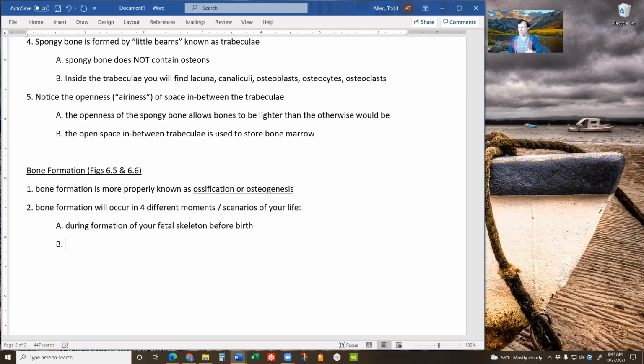I mean, you're much taller today than you were when you were 4 years old, okay? So during growth of your skeleton from infancy, childhood, adolescence, to mature adult size.